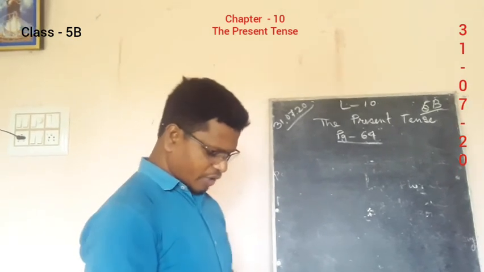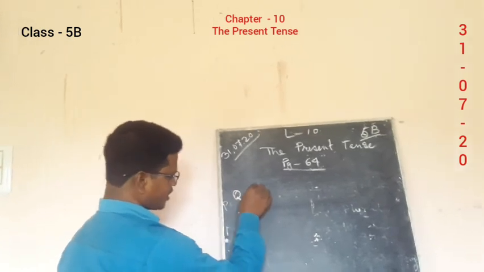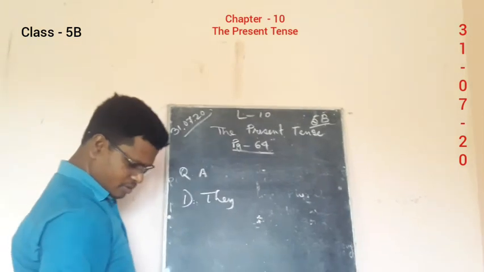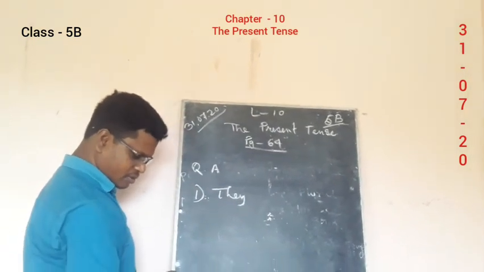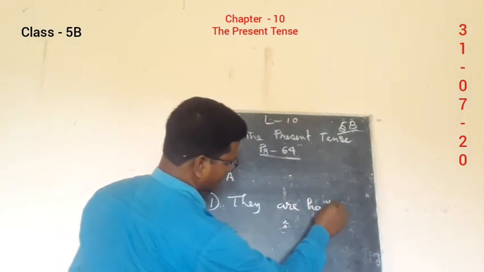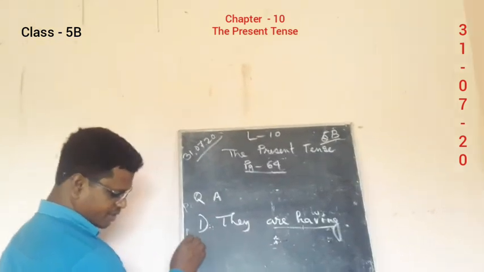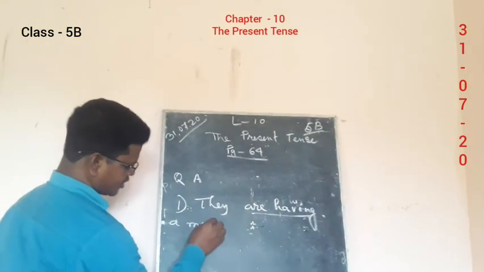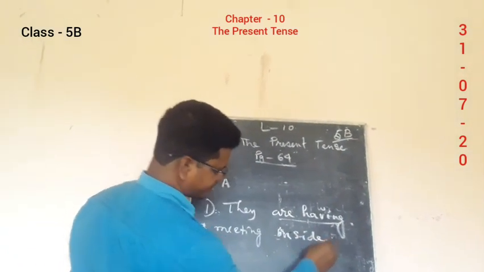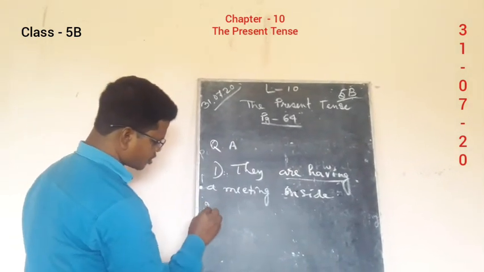So you just write down as it is given in the book. When you write the answers, this is question number A. 1. They are having, just underline the answer, they are having a meeting inside. And for the next sentence, you must put number 2.